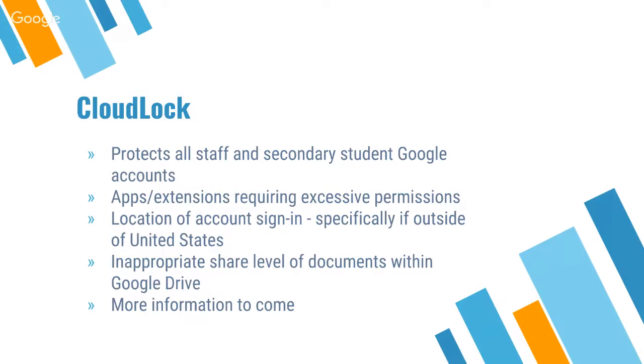The second is the location of your account sign-in, specifically if you're signing in outside the United States. So just as an example, if you happen to go on vacation and you do log in from another country, we will probably get a report about that, and then we'll typically follow up with an email to verify that that is a genuine sign-in to your account.